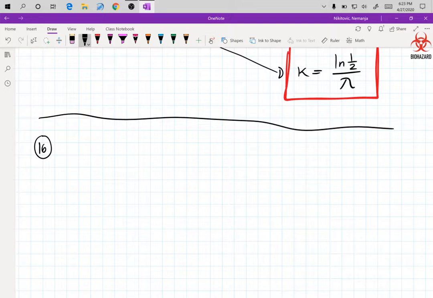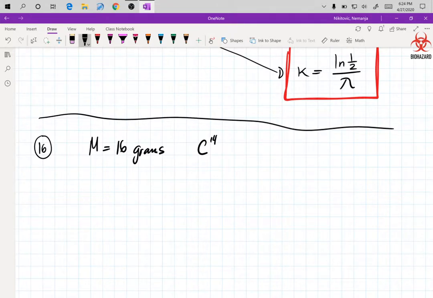It says, initial mass is 16 grams. So for the initial mass, we are dealing with carbon C14.